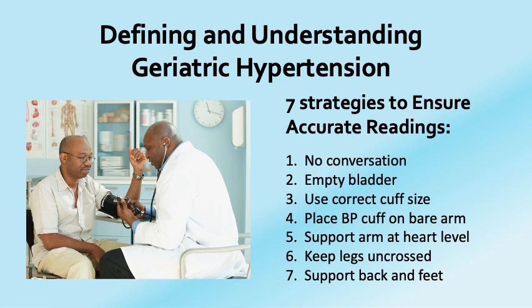No conversation. 2. An empty bladder. 3. Use correct cuff size. 4. Place blood pressure cuff on bare arms. 5. Support arm at the heart level. 6. Keep legs uncrossed. And lastly, 7. Support back and feet.